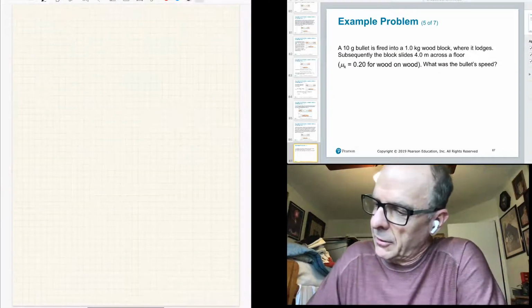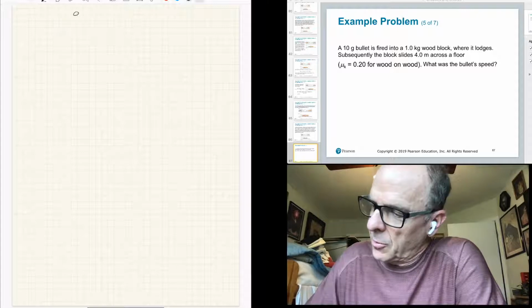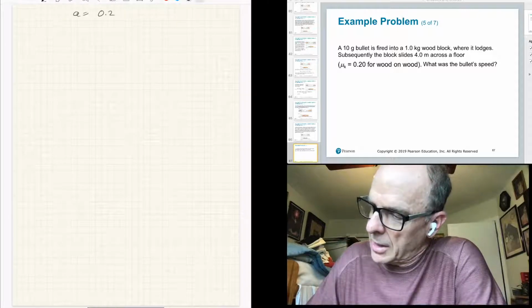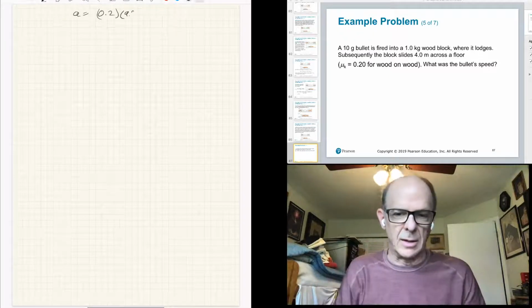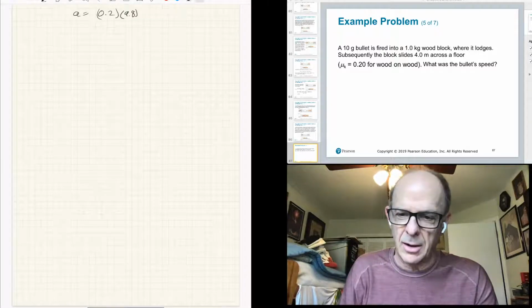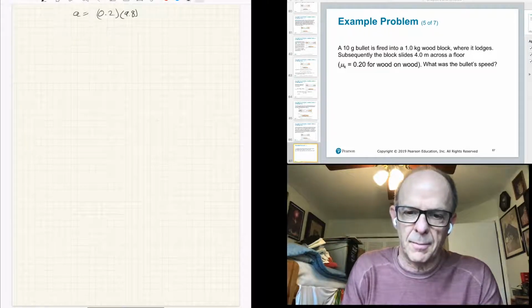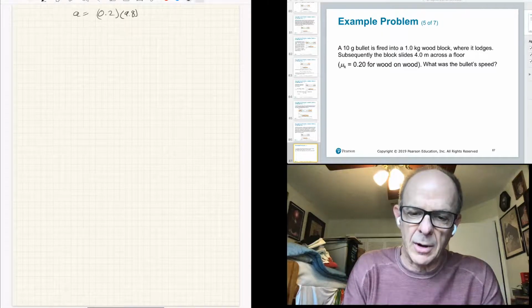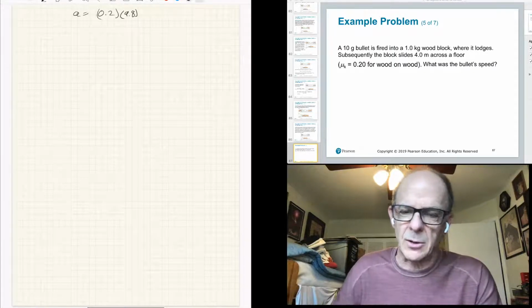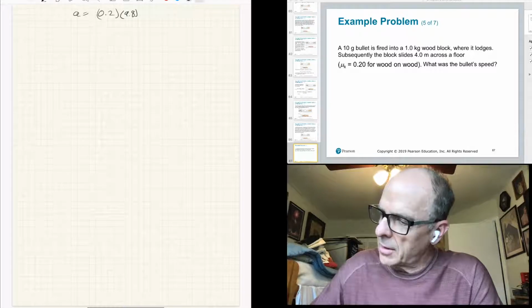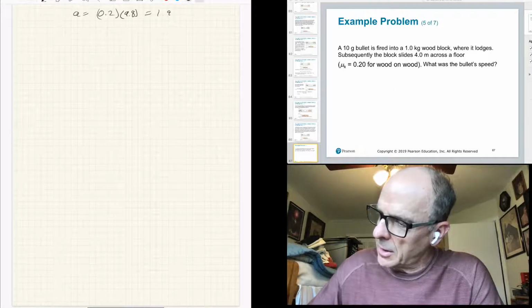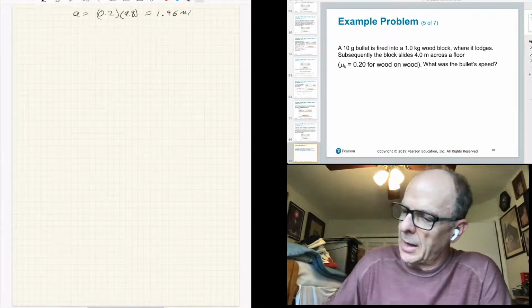So the acceleration is 0.2 times 9.8, and let's just get our digits correct on that. If I can type here, 0.2 times 9.8 is 1.96 meters per second squared.